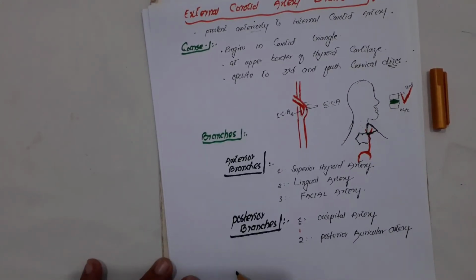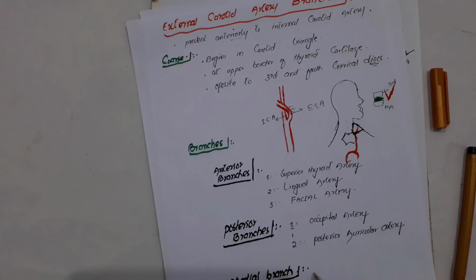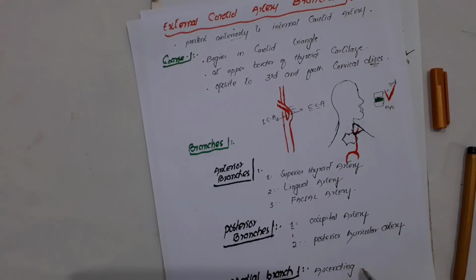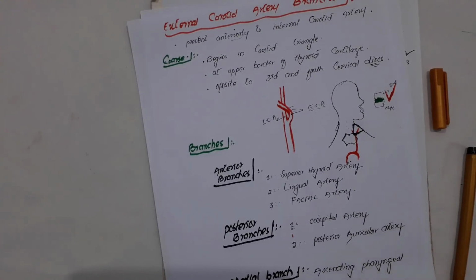Then there are medial branches. The medial branch is only one branch, that is called the ascending pharyngeal artery.